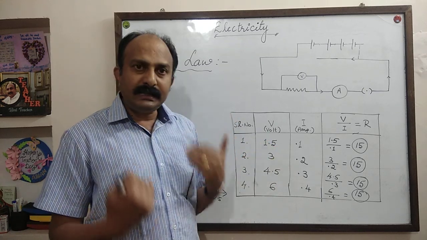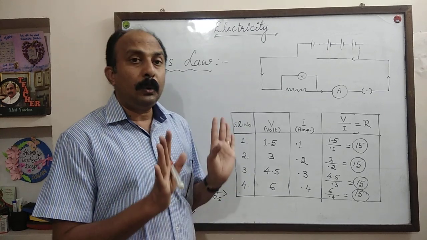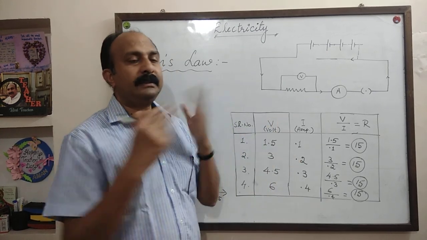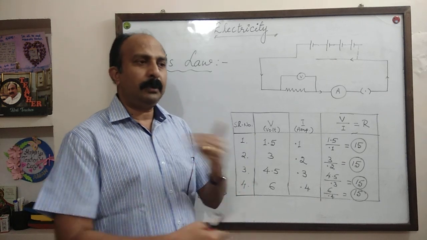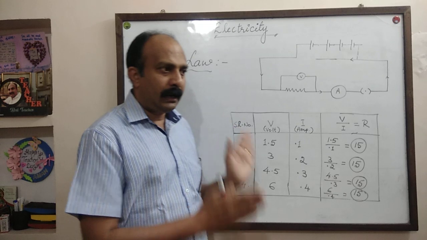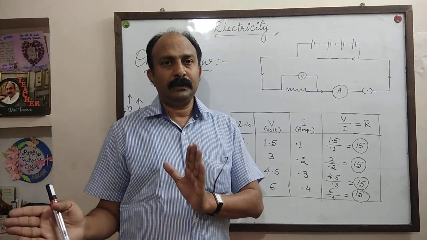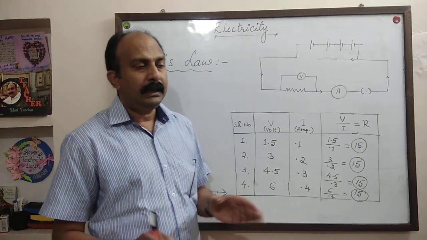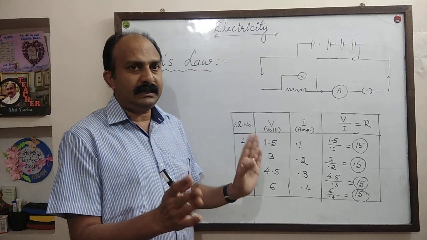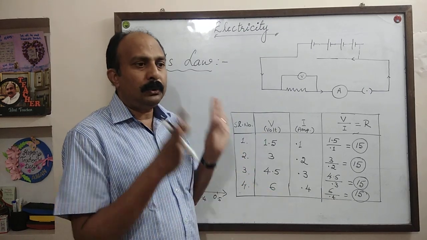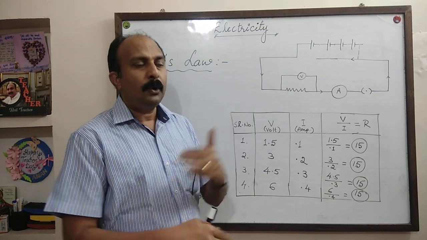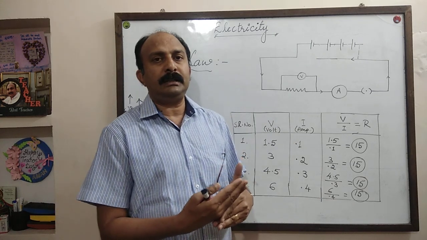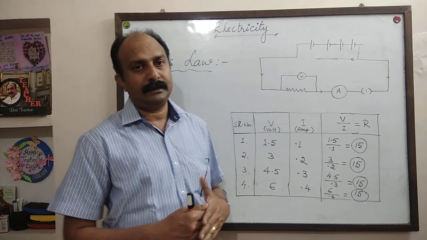At the same time, it will also resist the passage of electricity. So it does both things together. Simultaneously, it offers a certain resistance, meaning it will try to oppose the flow of electricity through it.